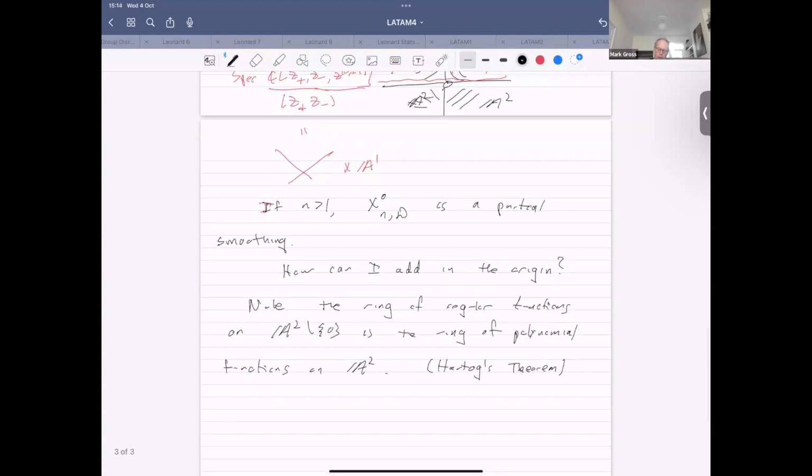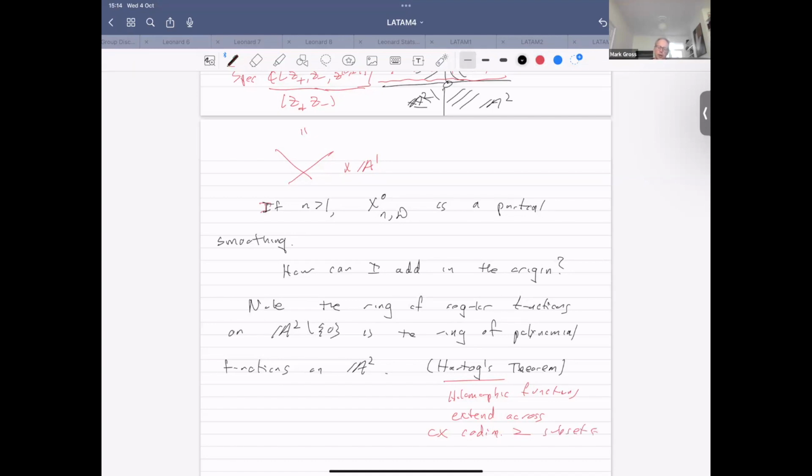So holomorphic functions extend across complex codimension 2 subsets.